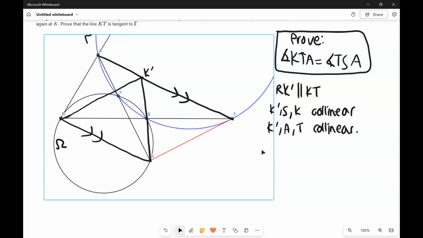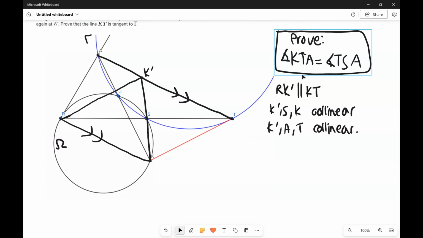Remember the main problem that we wanted to show, that directed angle KTA is equal to directed angle TSA. So let's see what we can do with both sides. Directed angle KTA, since KT is parallel to RK prime conveniently, is equal to directed angle RK prime A. And directed angle TSA, since T, S, and R are collinear, is equal to directed angle RSA.